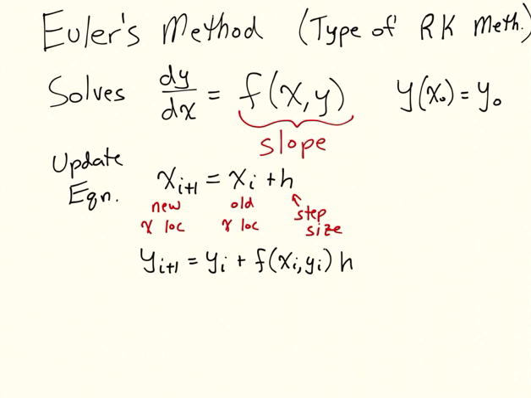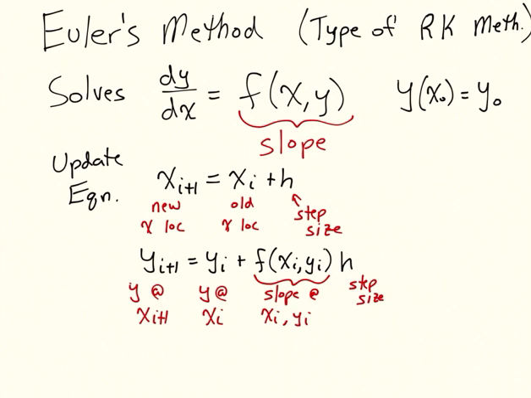In this equation, y_i is y evaluated at x_i, f(x_i, y_i) is the slope at (x_i, y_i), and h again is our step size, the same step size used previously.